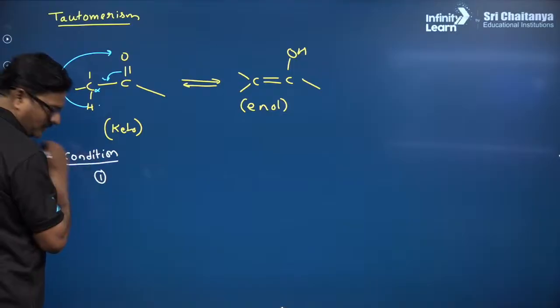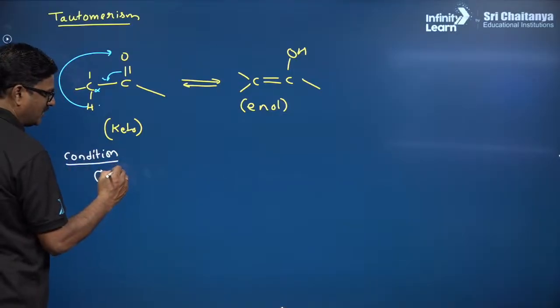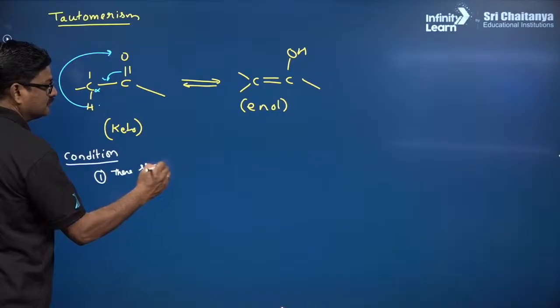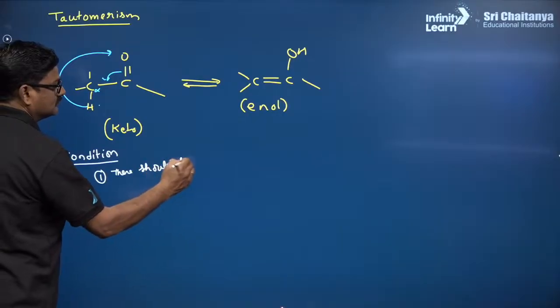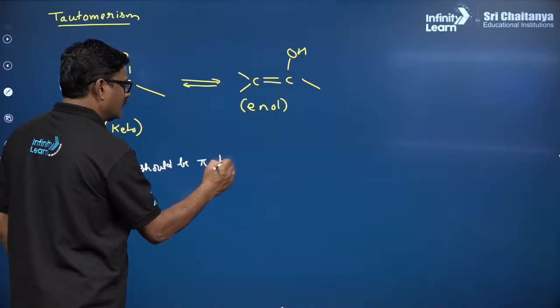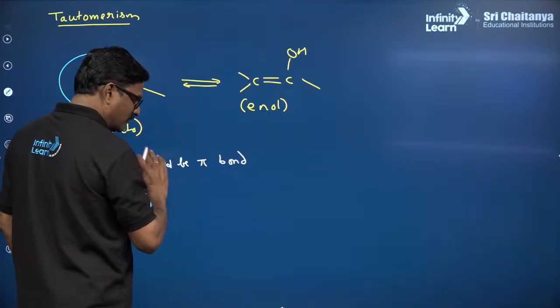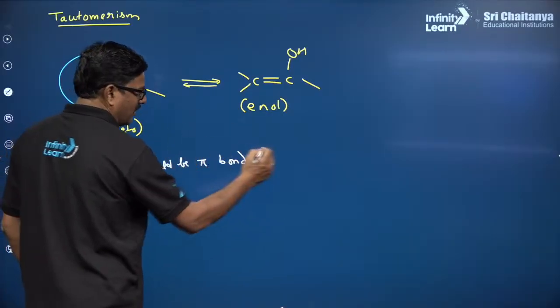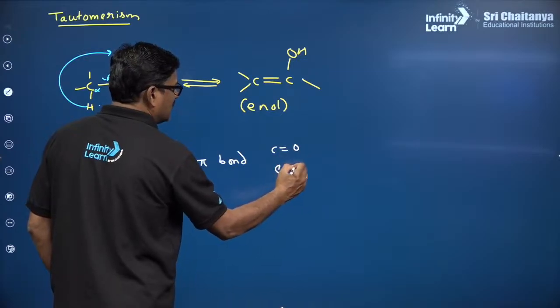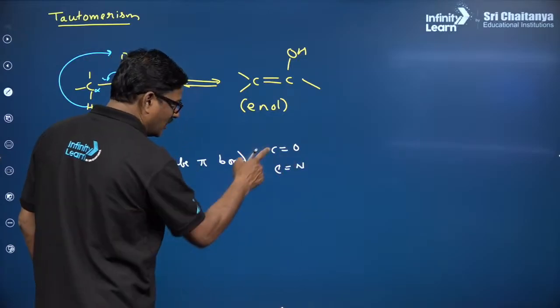Condition number 1, there should be at least one pi bond between carbon and heteroatom, like C double bond O, or C double bond N also possible, understand?